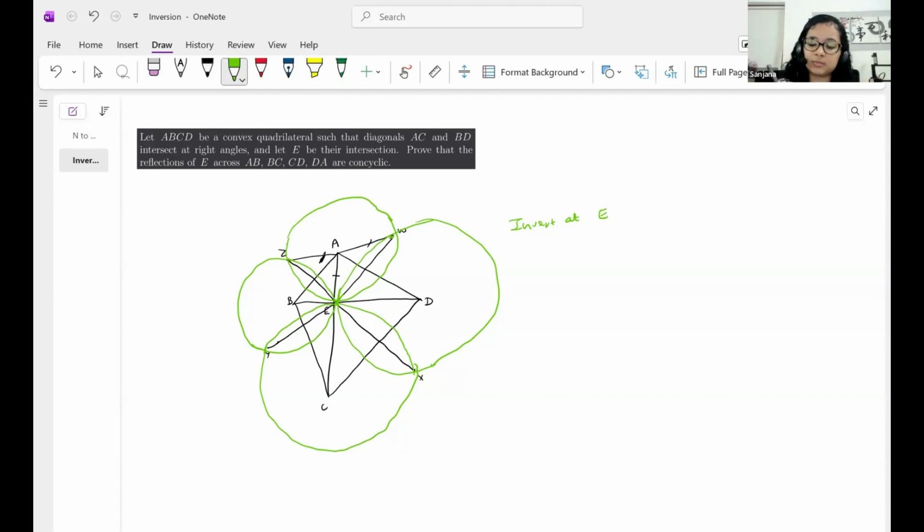So if you look at the circle passing through A, we know that it's tangent to BD, and we know that BD goes to itself. So try to think of something else you did before, sort of similar. Where would a tangent circle go? Wouldn't power of a point work here?